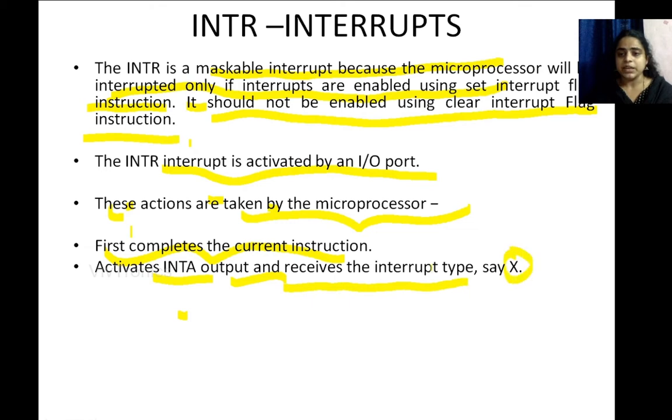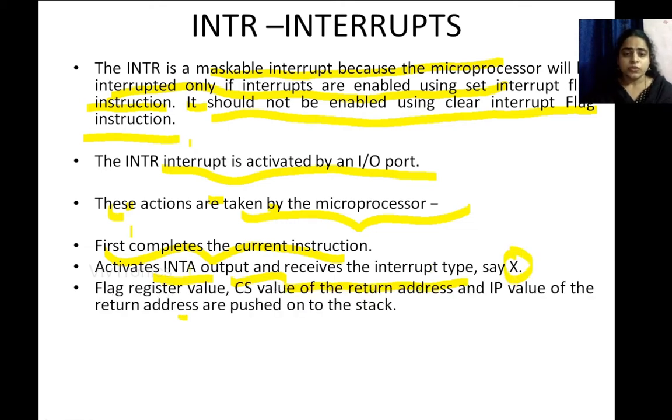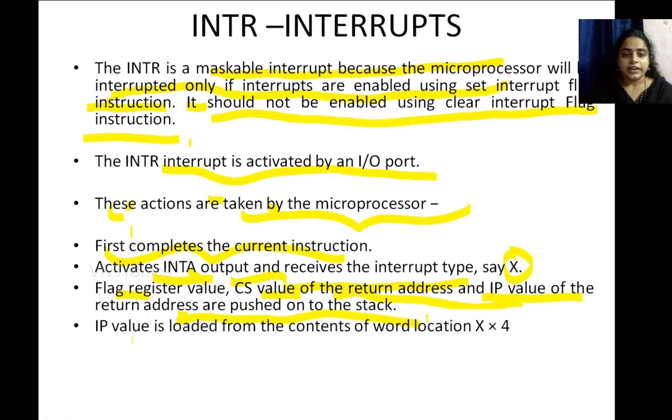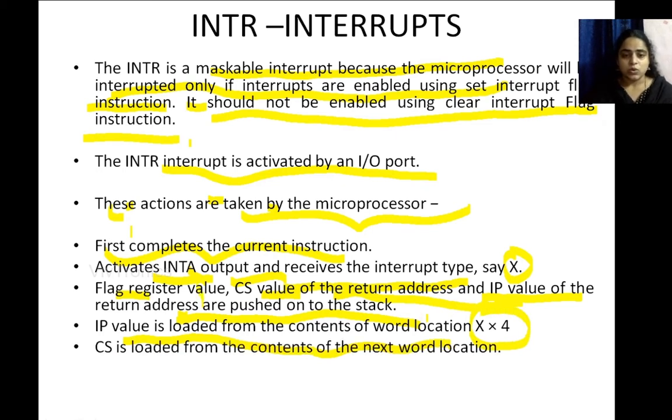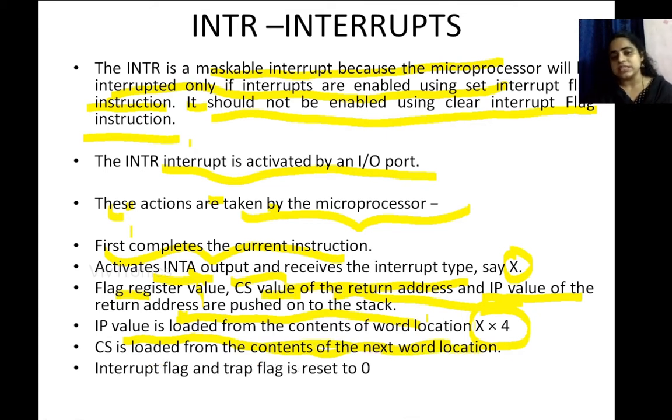Let the interrupt type be X. The flag register value, code segment value of return address and instruction pointer value of return address are pushed to the stack, and the instruction pointer is loaded from the contents of the word location, that is, interrupt type into 4. The code segment is loaded from the content of the next word location, and interrupt flag and trap flag are reset to 0. So these are all the steps that happen whenever an INTR request, which is a maskable interrupt, comes into picture.